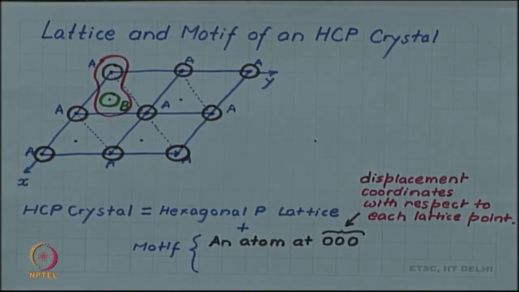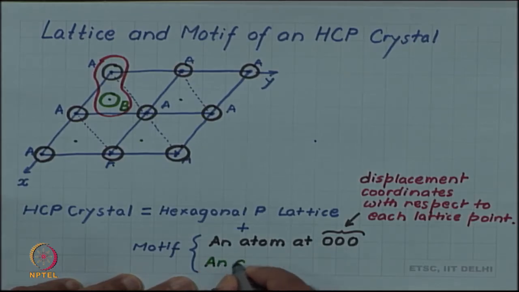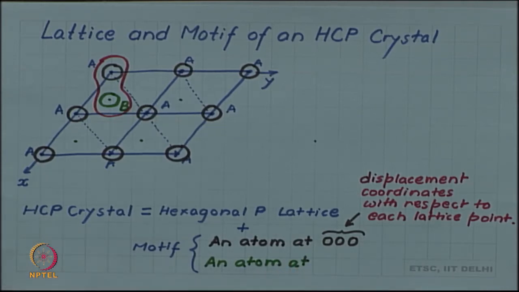So, in the motif description I say that there is another atom at the B site. So, I have to complete the description, I should give its fractional coordinates.